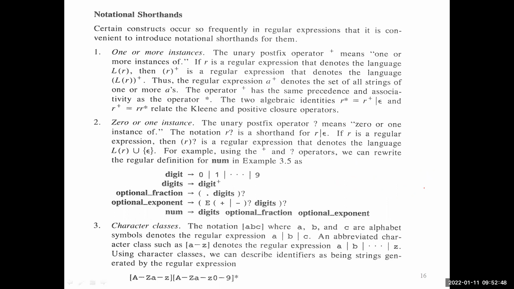In the second point also, there is something called a question mark, right? If you remember, there is a question mark. Question mark says yes or no. Now, yes means one appearance, no means zero appearance, right?